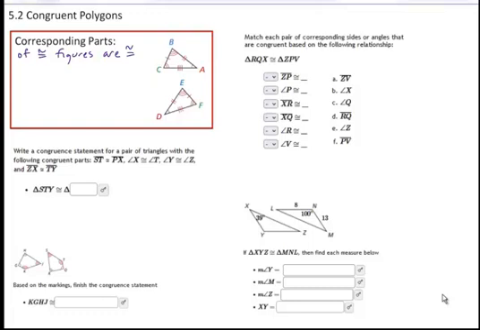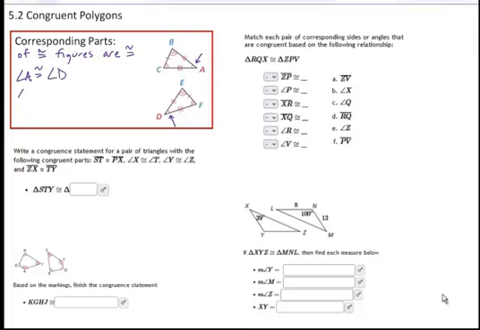So if you look at these two triangles here and the labels that you see on them, what you should see is the angle A of this top triangle has the one tick mark. It corresponds to which angle of the other triangle? The one tick mark belongs to which angle? D. Okay.